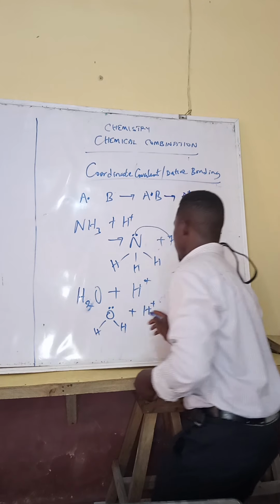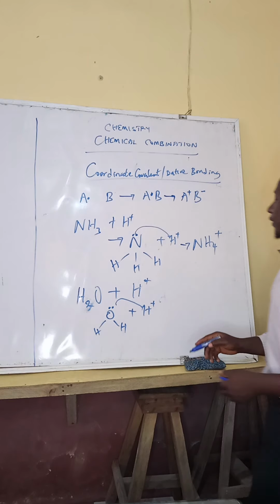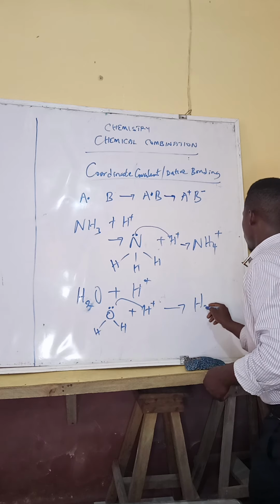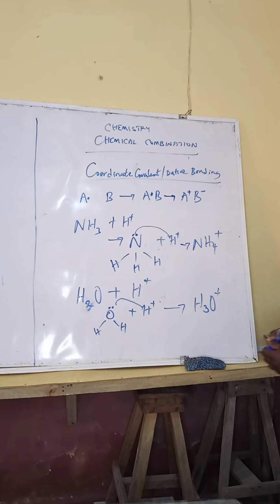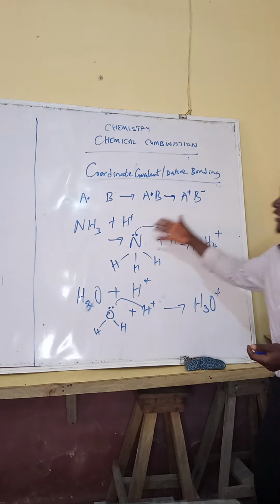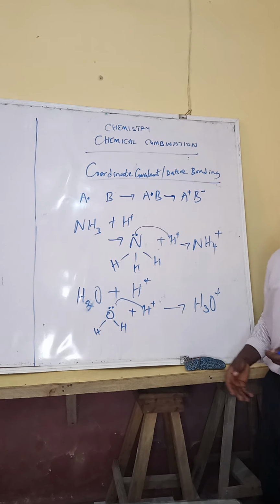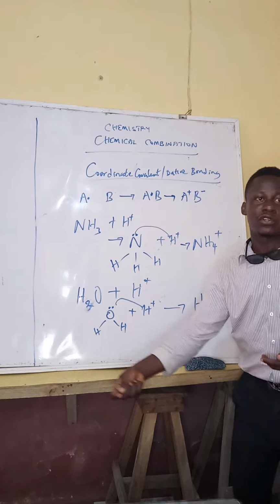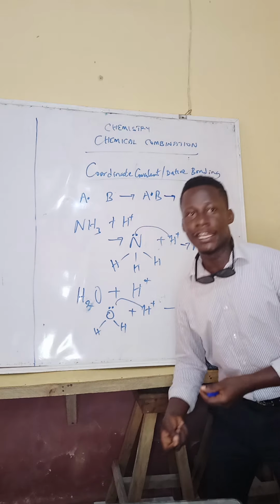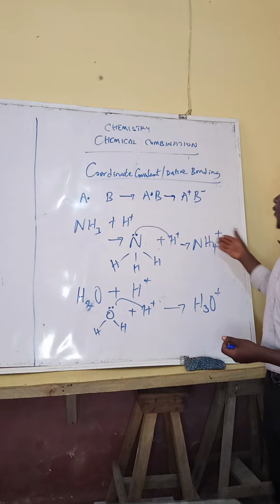Now the lone pair is used to form a bond with this, so it can form H3O+. So these are typical examples of a coordinate covalent bond, where atoms having lone pairs of electrons donate the electrons for sharing so that they can form a bond.